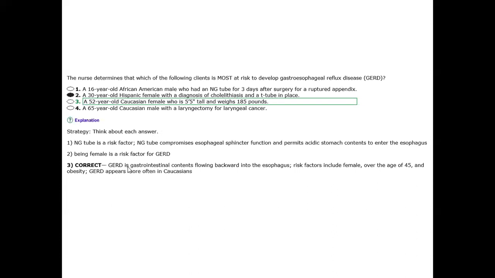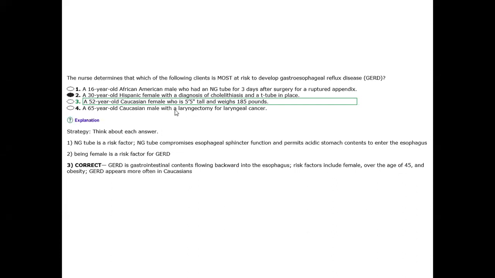So GERD is gastroesophageal content flowing back into the esophagus. The risk factors include female, over the age of 45, and obesity. Number 3, a 52 years old female, over the age of 45. But number 5, 65 years is more than 45 years old, but a man.